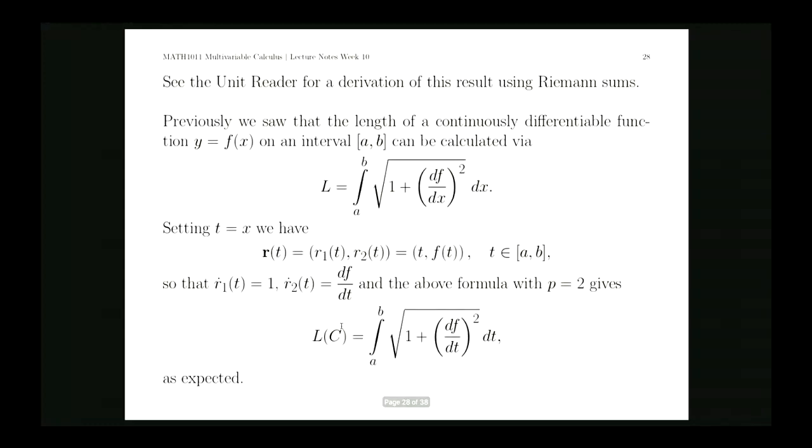But how does this compare to the formula we've already got? Now, of course, if you've got one that can be done both ways, it shouldn't matter, and of course it won't. Let's say we've got a function y equals f of x, and it turns out the only way to parameterise it is to brute force it. You let x equal t, y becomes f of t. So in vector notation, my position vector would be just t and f of t.